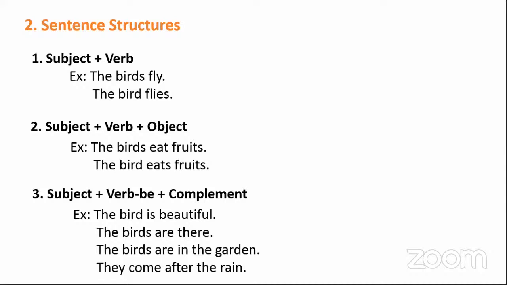Now, after the verb eat, we can use an object. So, if an object can be used after a verb, we call them transitive verbs.